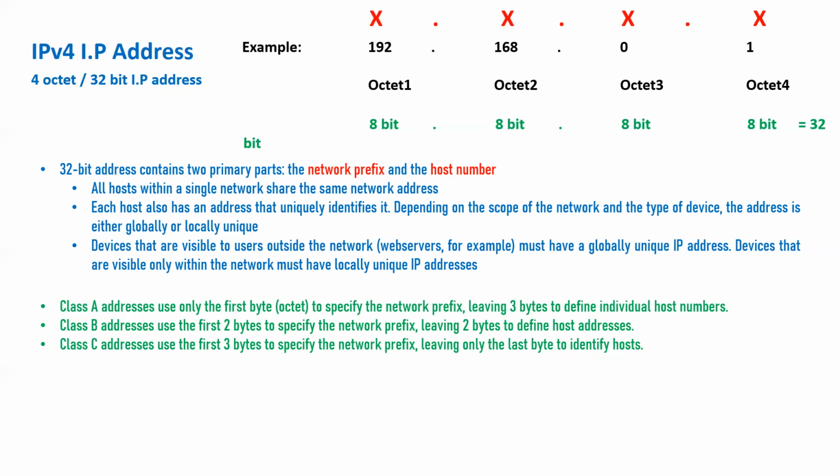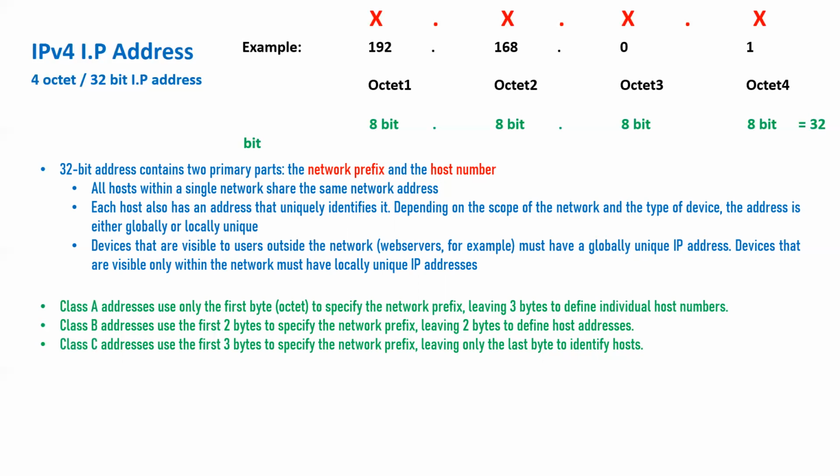So what this shows is that the number of octets available for the host determines how many IP addresses you can define in that class of network. The number of hosts will be large in class A, because only the first octet is reserved for your network prefix, right?